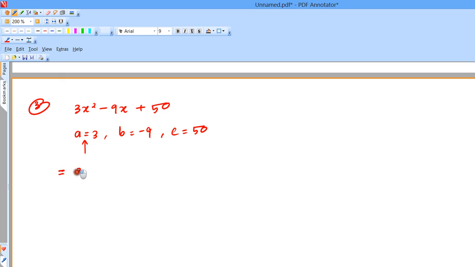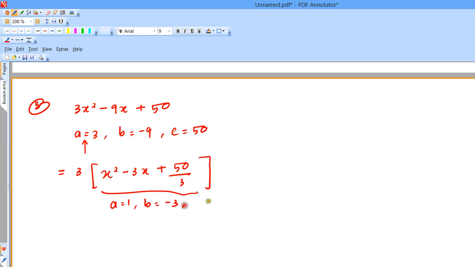It equals 3 times (x² minus 3x plus 50 over 3). So here we have a = 1, b = negative 3 and c = 50 over 3.